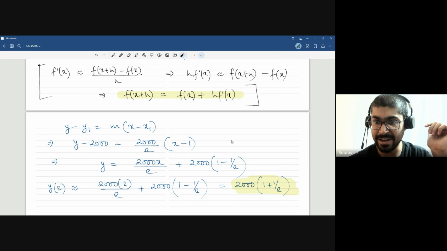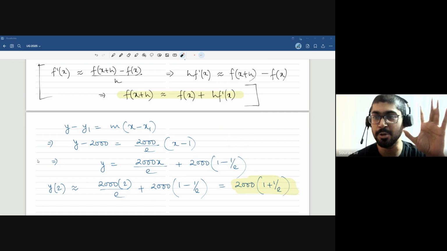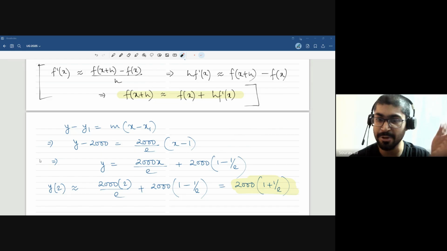So you can assume that a curve is like this, and if you draw the tangent, see, in this region the curve and the tangent are very close. So in this particular region we can approximate the curve by the tangent. Of course this will lead to errors as we move further away, and if you calculate the actual value, it will be a very bad approximation. But this is the logic of linear Taylor approximation as well.